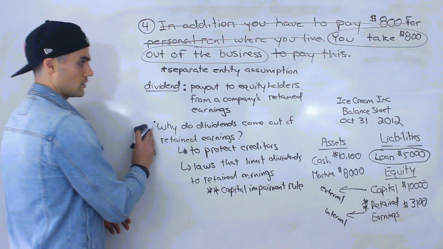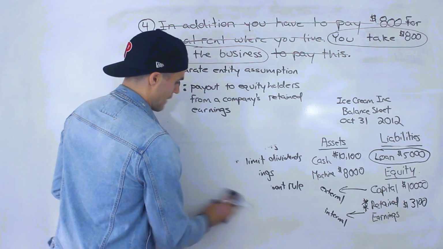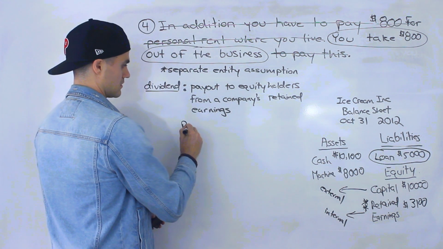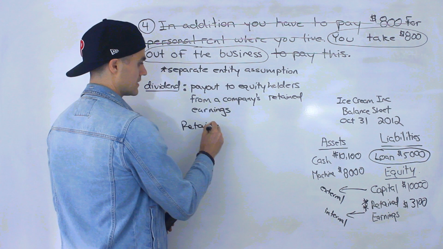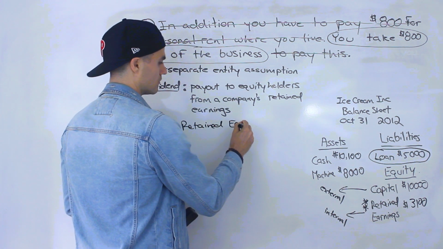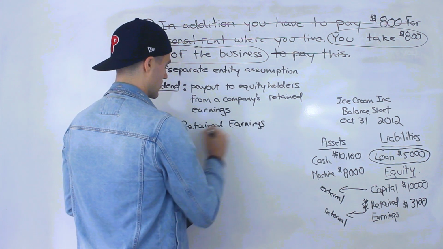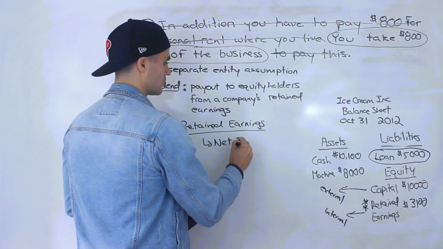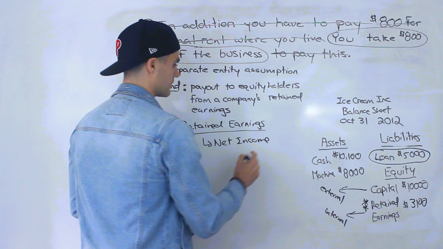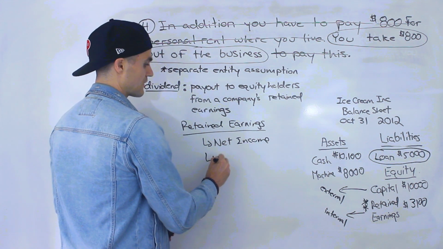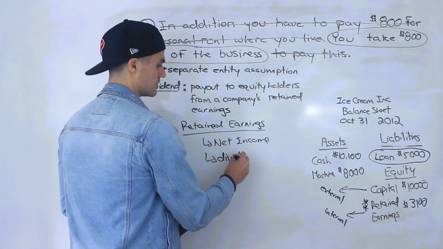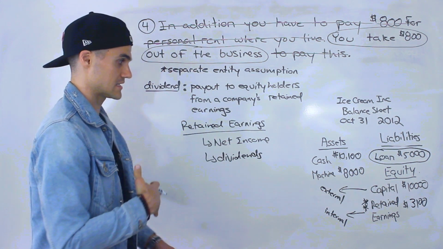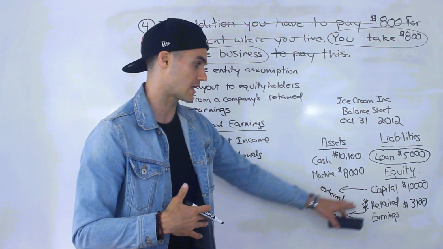And so notice now that retained earnings is affected by multiple things. Before, with our previous examples, it was only affected by net income, but now notice it's affected by dividends as well. So any money taken out of the business is going to affect this retained earnings account.